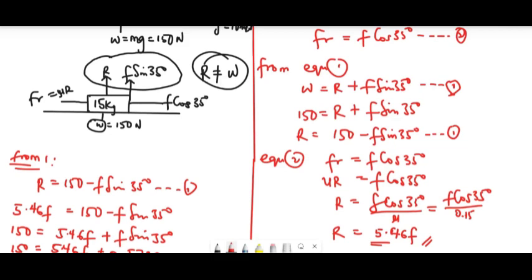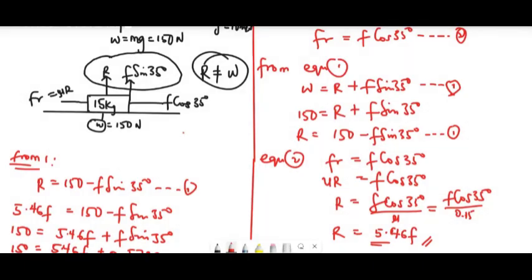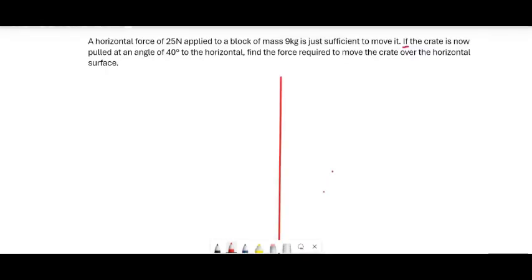F, right? So 150 divided by that, we have our force equal to 150 over 6.03, right? That will give us 24.86 newtons, right?